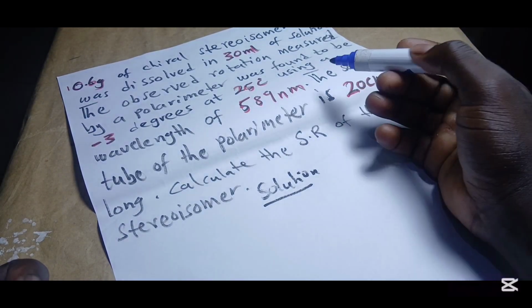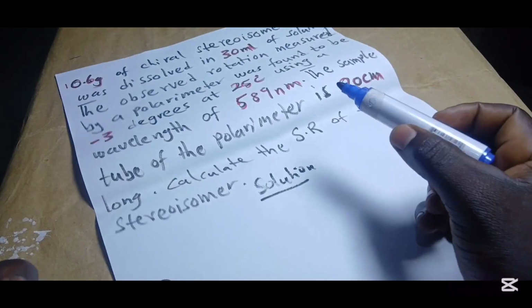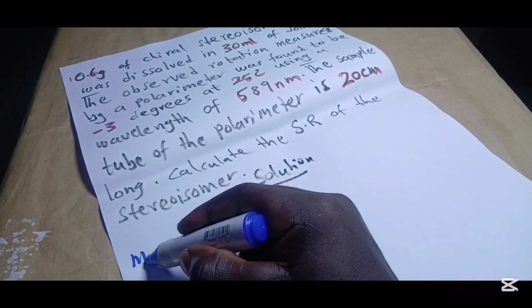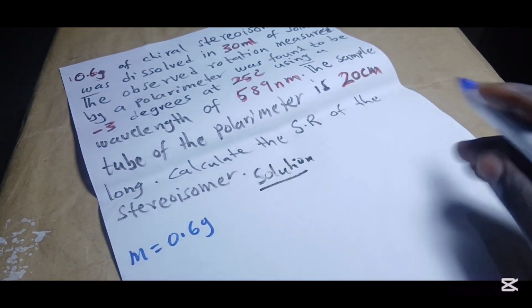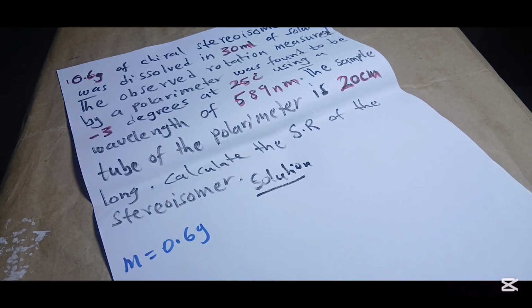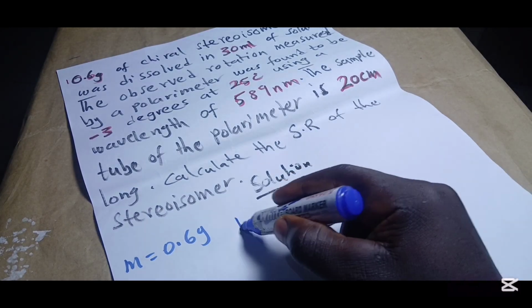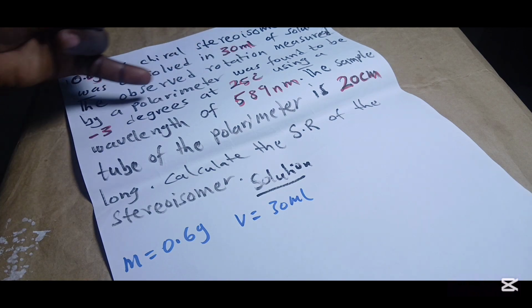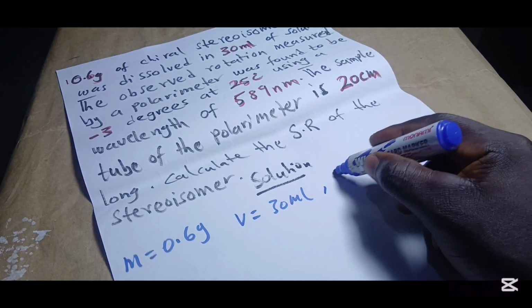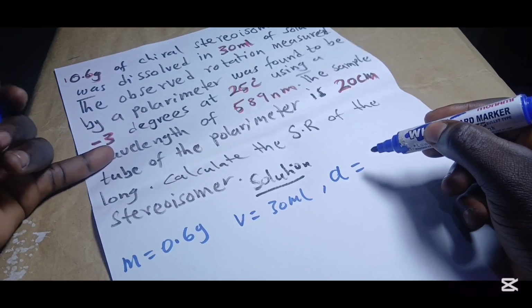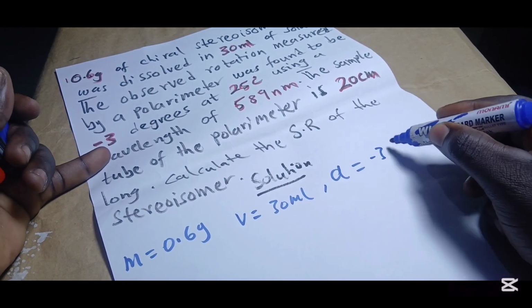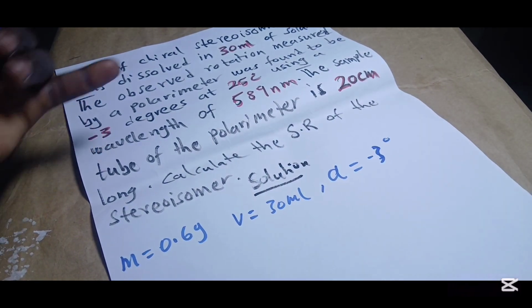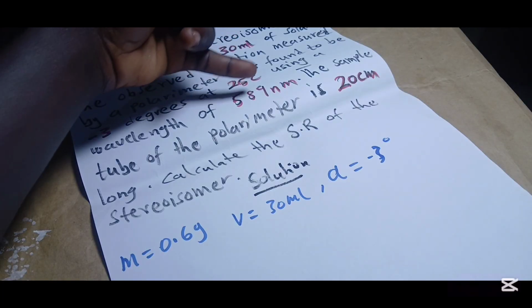Let's try putting our parameters together. We have mass, which is 0.6 grams, dissolved in 30 ml, and we have a volume given to be 30 ml. The observed rotation measured by the polarimeter, and we know that observed rotation is alpha, is minus 3 degrees, at 25 degrees using a wavelength of 589.